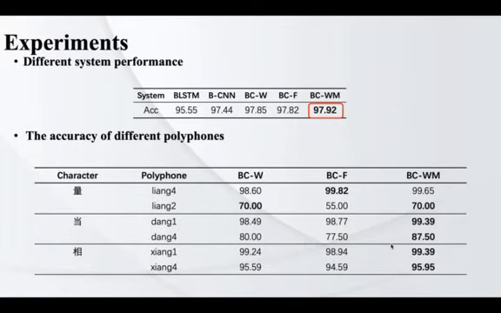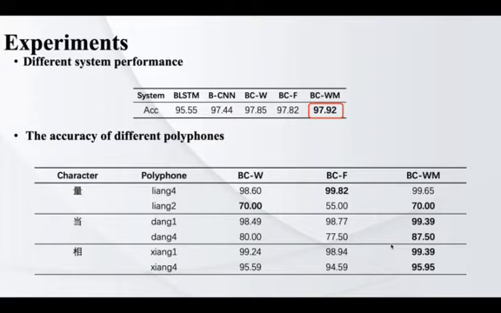And to examine our idea, we implemented the following 5 systems to compare the performance of different systems. The BLSTM denotes the model that only applied the BLSTM as the encoding layer. The BCNN denotes that we use the bichannel encoding layer which is constructed by BLSTM and CNN. The BCW denotes that we use the bichannel encoding layer and the Weighted-softmax.